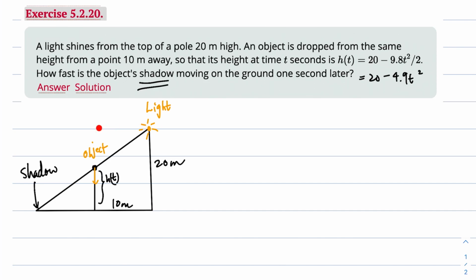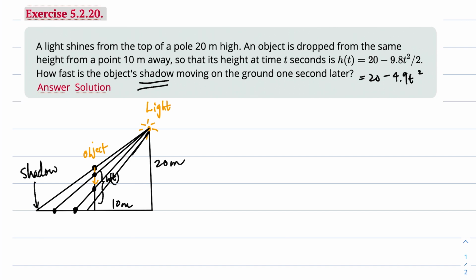So as the object falls, the shadow is going to be moving. So let me draw some lines so you can see. Say at some time later, the object falls so that now it's here. Shadow will be here. And then say at a later time, the object falls a little bit more here. Shadow's here. And then so on.